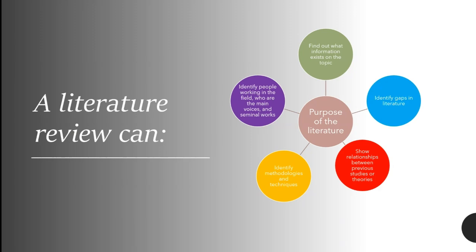And it could also identify people working in the field who are the main voices and provide seminal works. So, a literature review can do a number of things in different parts of not just your thesis or dissertation or your project, but also in your proposal stages.